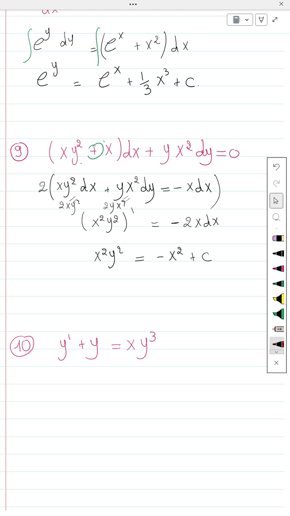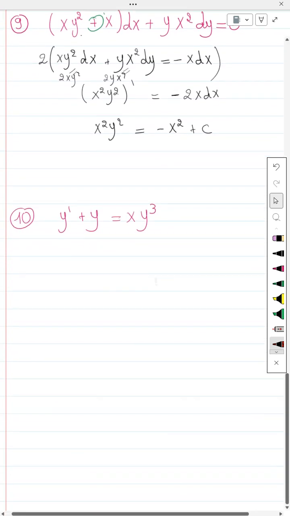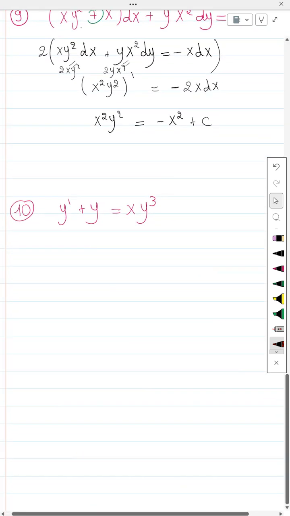So let's see the last example to solve. We have y prime plus y is going to be equal to x times y to the power of 3. As you can see here, we have y to the power of 3, and as you know, we have seen this in the Bernoulli differential equation, since we have y and y prime and y to the power of n.